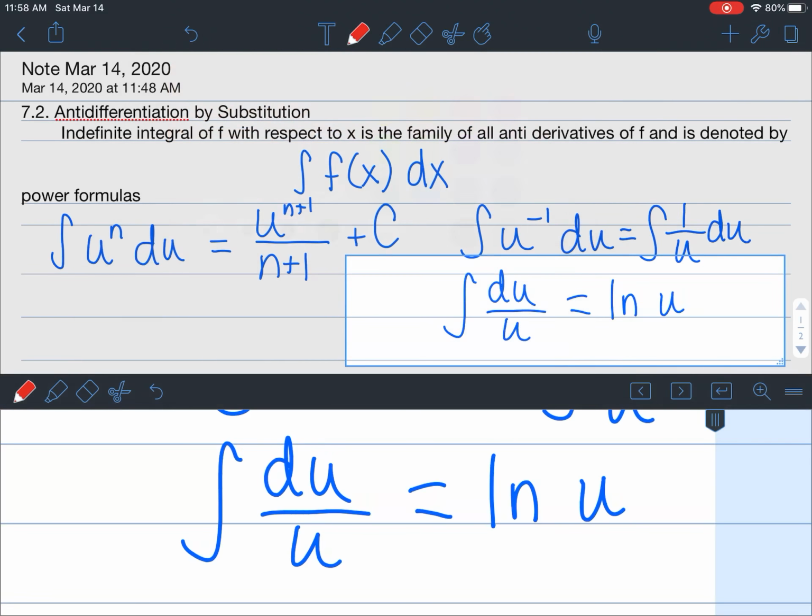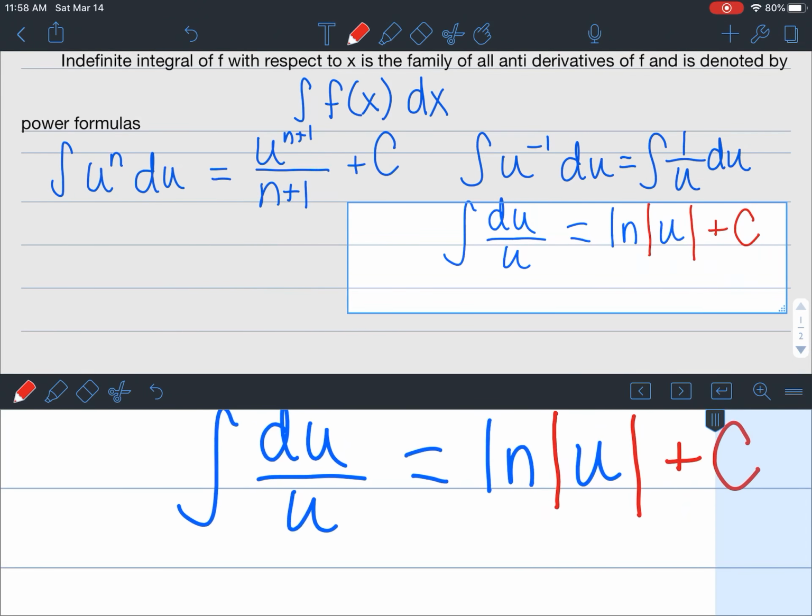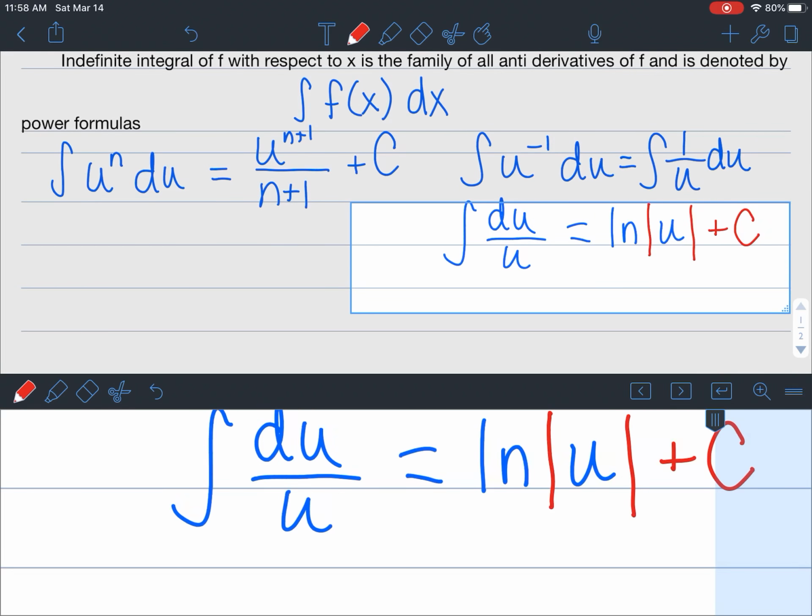Now, it's very important here that when you evaluate this integral and you get ln u, you must have absolute value bars around the u. The most important thing you can do is to remember to put them there.